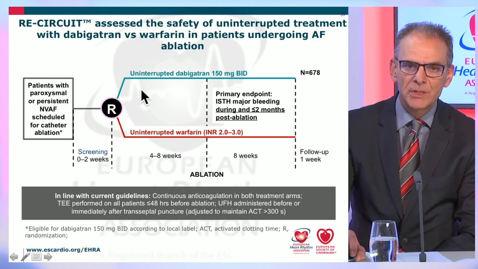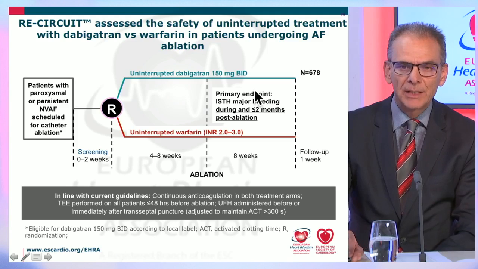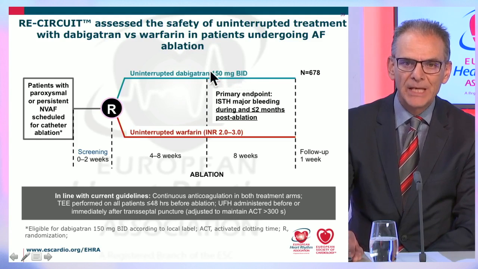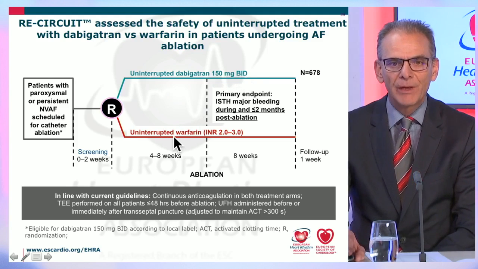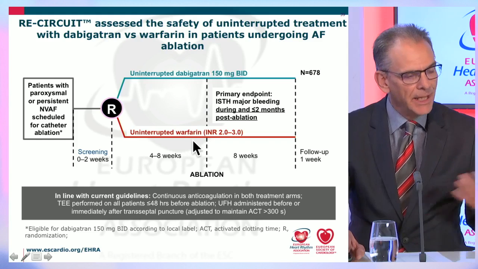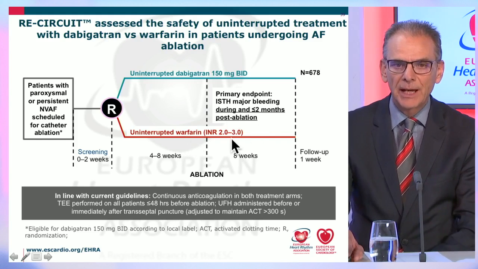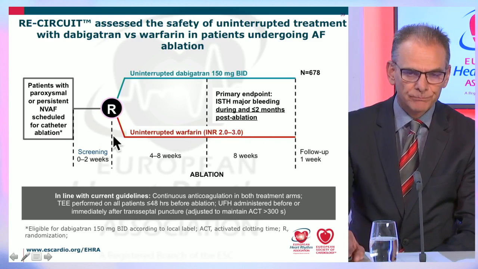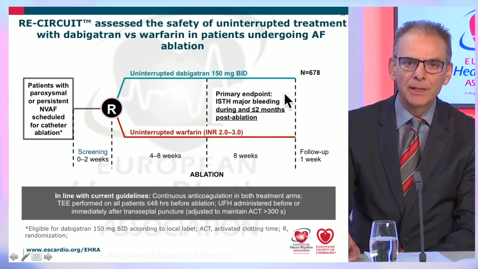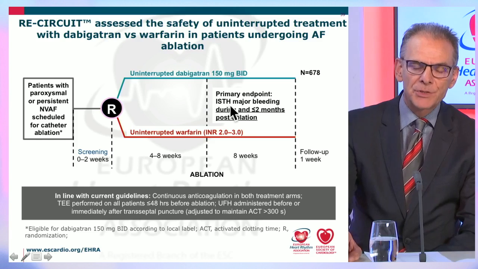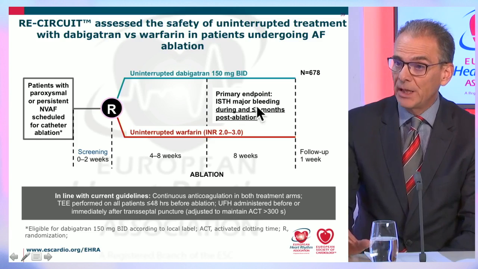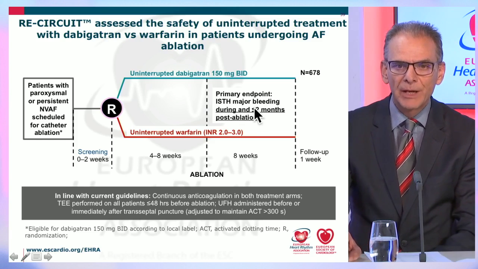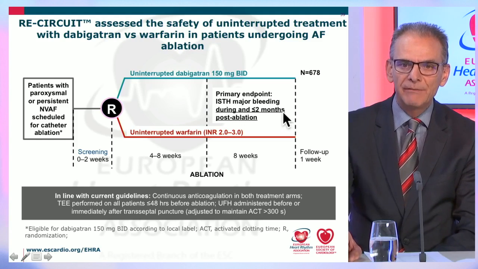Patients were either receiving uninterrupted dabigatran at a dose of 150 milligram BID, so the so-called high dose of dabigatran, or they were treated with uninterrupted warfarin, again aiming, as Ricardo has already pointed out, at an INR of 2 to 3. The primary outcome measure of the RE-CIRCUIT trial, which was not an efficacy trial, if you wish, because that would have taken thousands of patients to be randomized, was ISTH-defined major bleeding events.